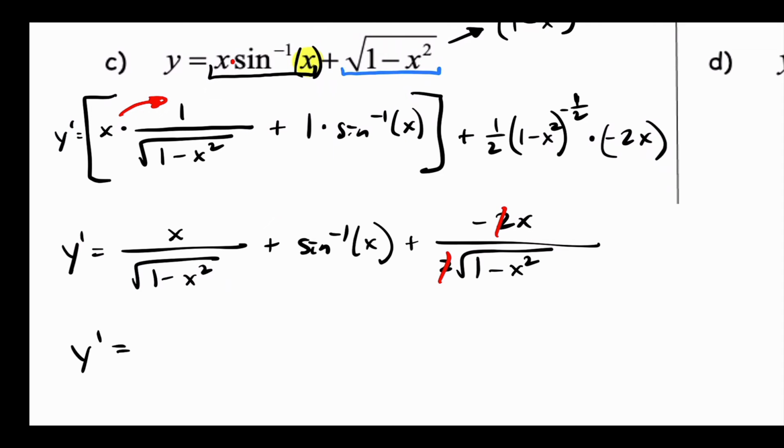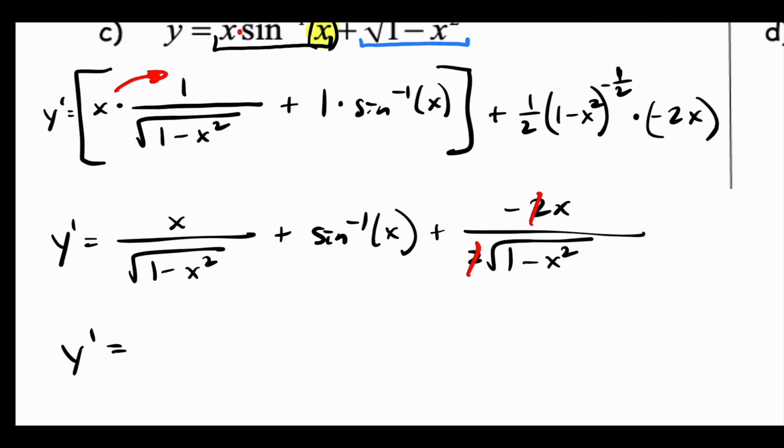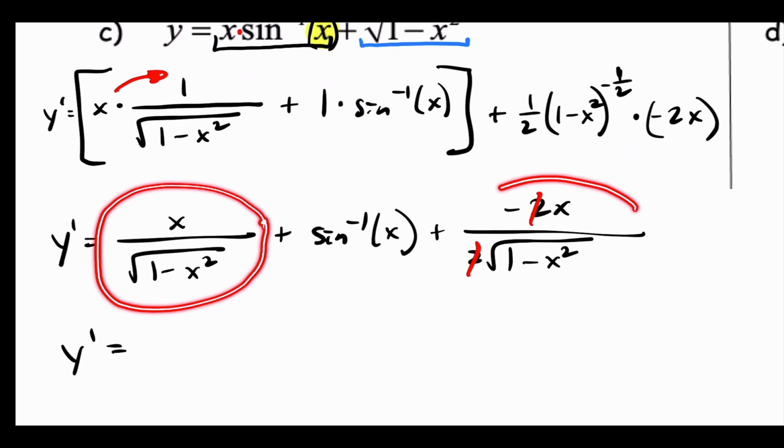But that answer you will not find among A, B, C, D. Why not? What else could I do? This guy right here, and then the last guy, right? I can combine those two because they have common denominators, square root 1 minus x squared. So I add the tops. When I add the tops, what happens?